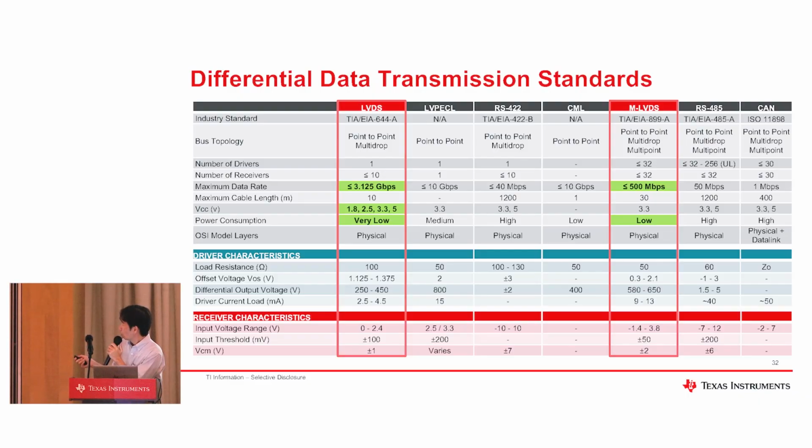One of the main differences between LVDS and M-LVDS is the bus topology that they support. For example, LVDS supports point-to-point and multi-drop, and M-LVDS, besides point-to-point and multi-drop, also supports multi-point data transmission.